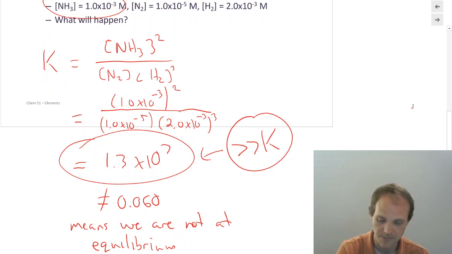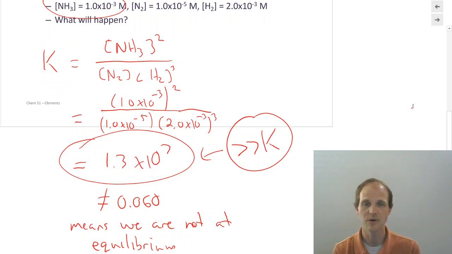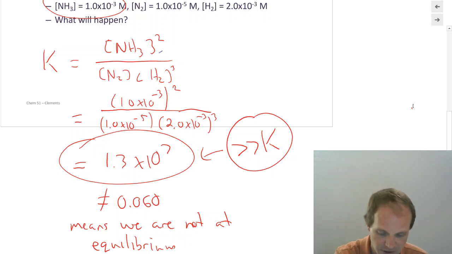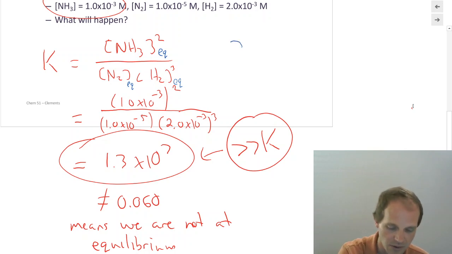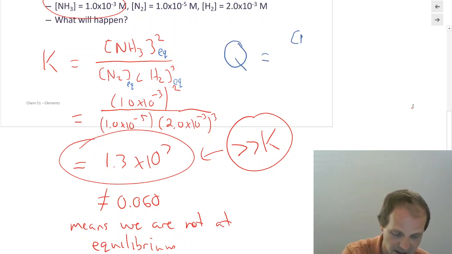So what we do is we use K when we know we are at equilibrium. So we use K when we could actually write a subscript on each of these guys that says EQ. But if we don't know we're at equilibrium, we use the letter Q. The form is exactly the same, NH3 squared over N2 times H2 cubed.